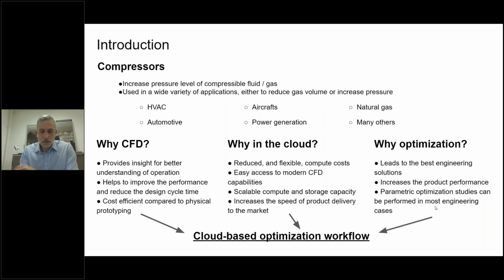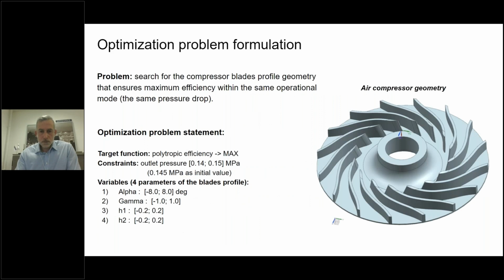So the main goal of our work was to create a cloud-based optimization workflow for turbomachinery needs. For this case, we've prepared a classic optimization problem: optimization of the air compressor efficiency. Here, polytropic efficiency was used as the target function.